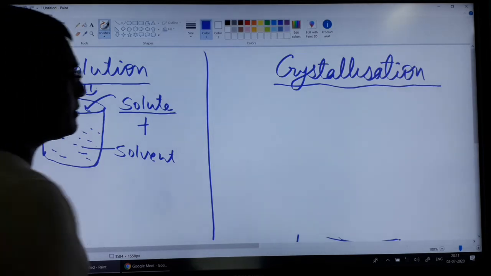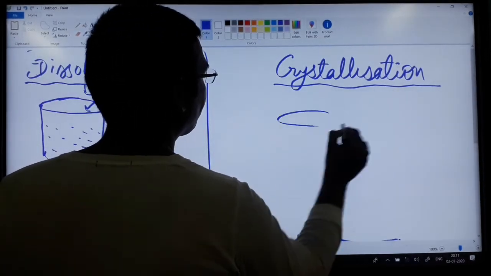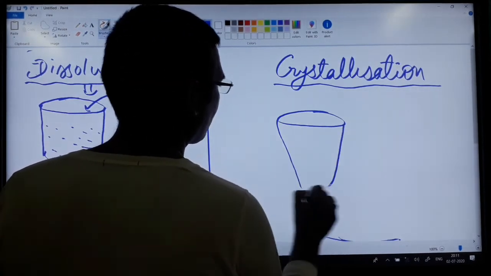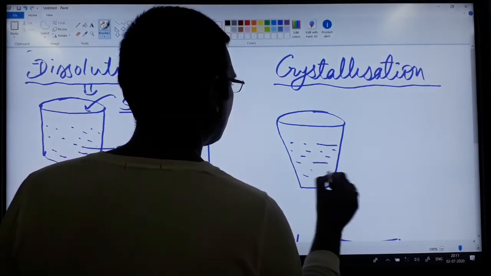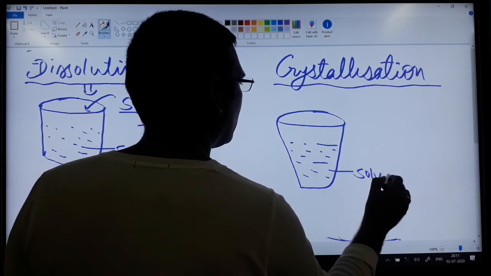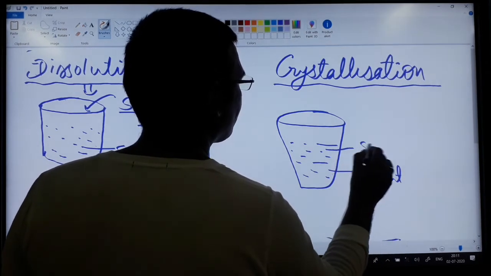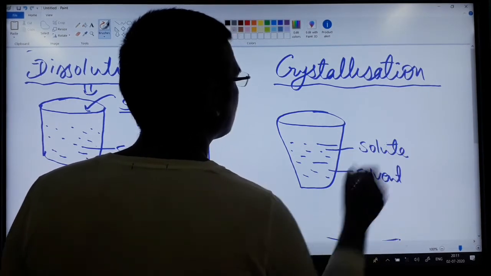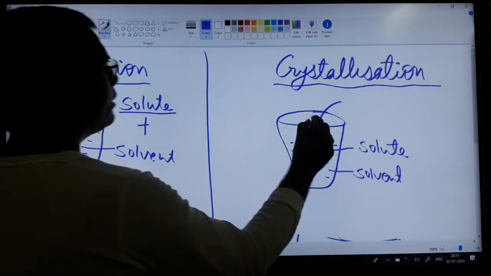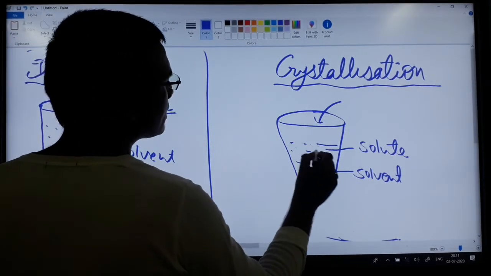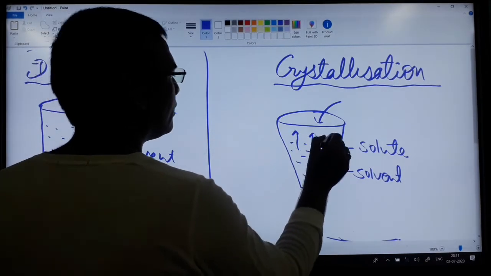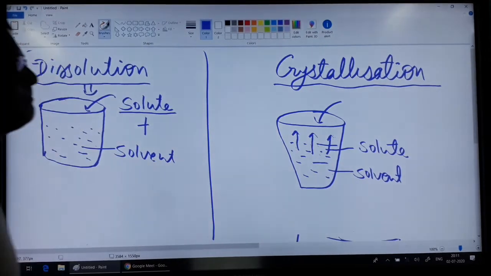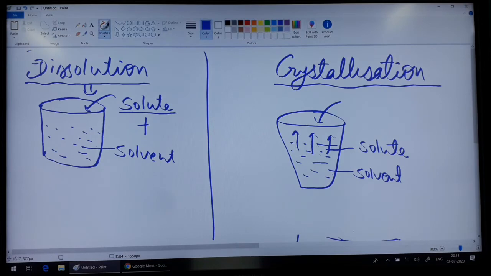Now what happens in the same process? You have mixed some amount of solute in solvent. You are adding more. Then solute particles are colliding with each other, and some solute particles escape out of the solution.